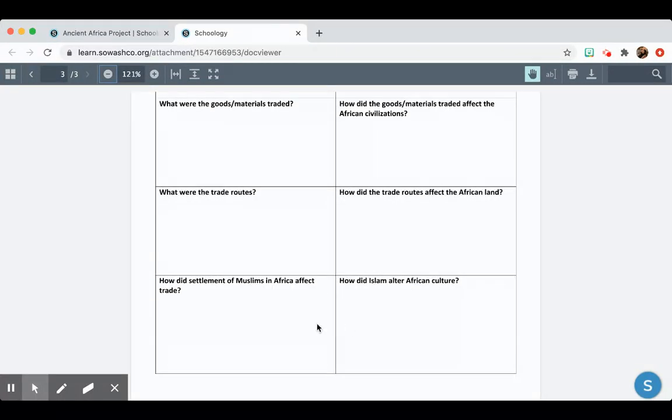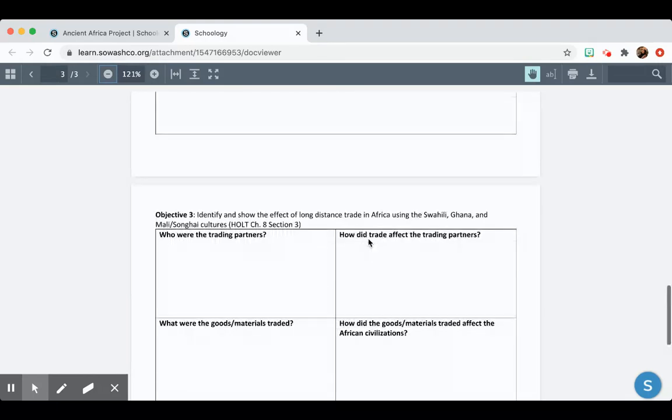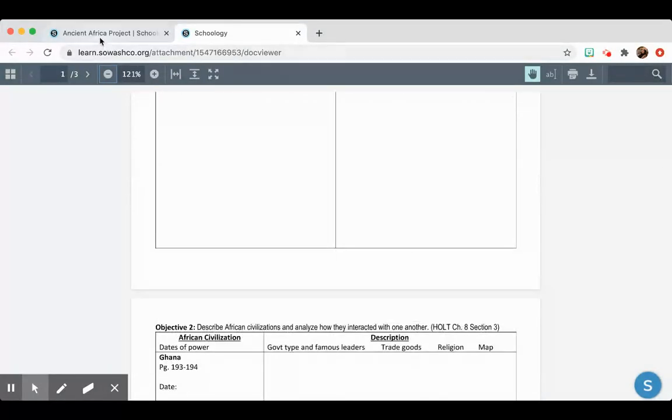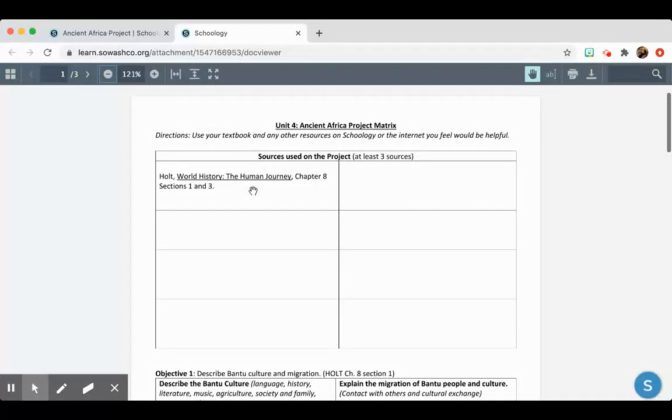Then the second part of objective number 3 has to do with the coming of Islam in Africa. So how did the settlement of Muslims in Africa affect trade, and how did Islam alter African culture? Again, objective number 3 is worth 10 summative points. When you have completed your entire research matrix, this is what you are going to submit to Schoology.